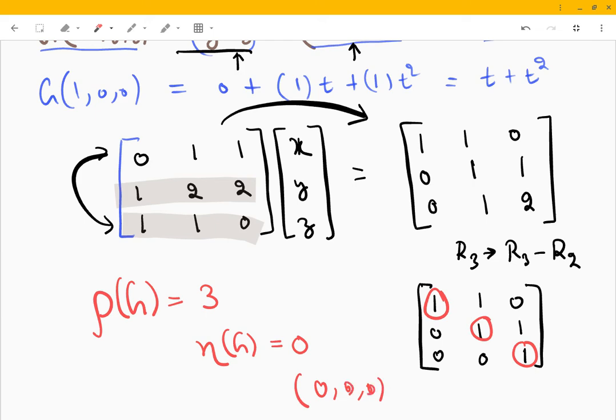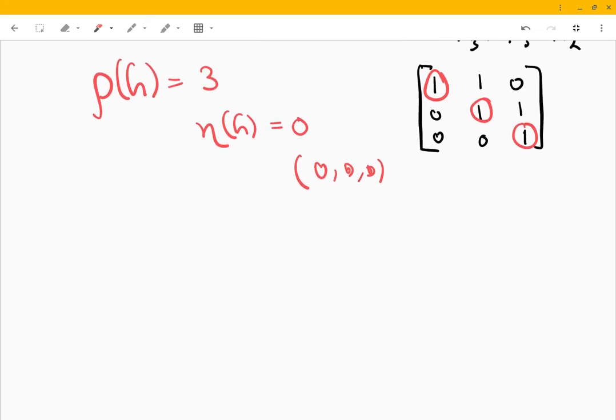No other vector is mapping to 0. So the kernel of G is just the 0 0 0 vector, the only vector in the kernel. The nullity of G is 0, and the rank of G is 3.